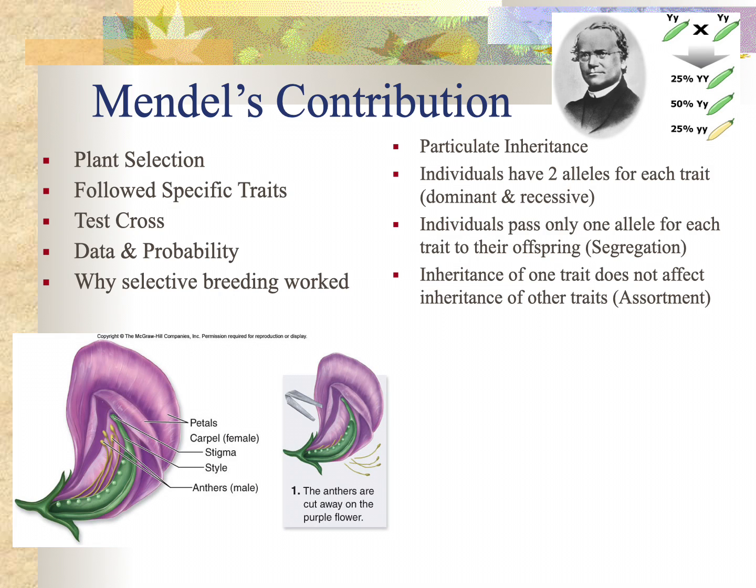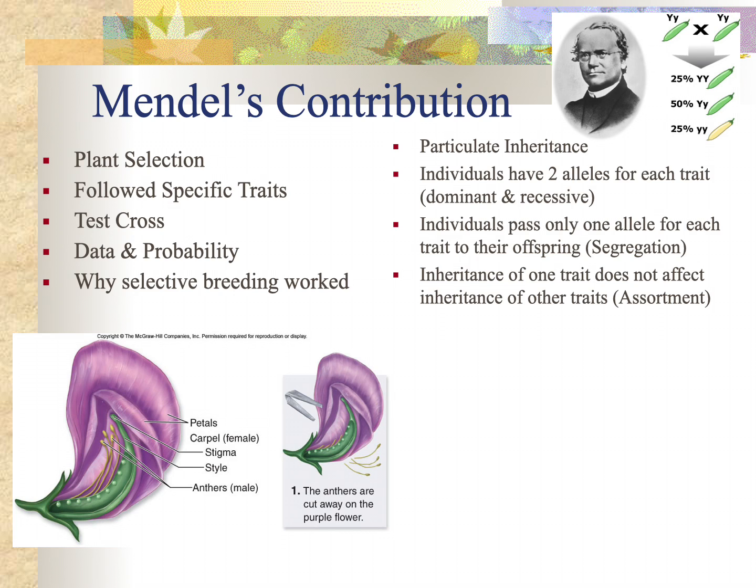When individuals made their gametes, they would pass one of those alleles onto their offspring, and which one they passed on was entirely at random, and the inheritance of this one trait didn't affect other traits.